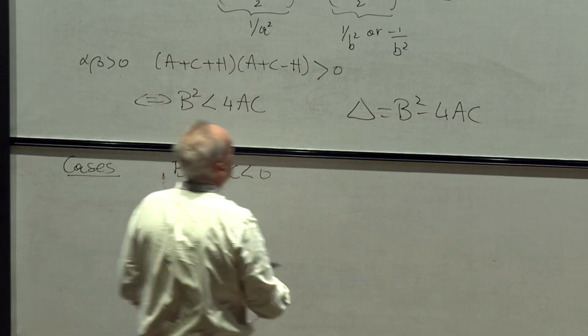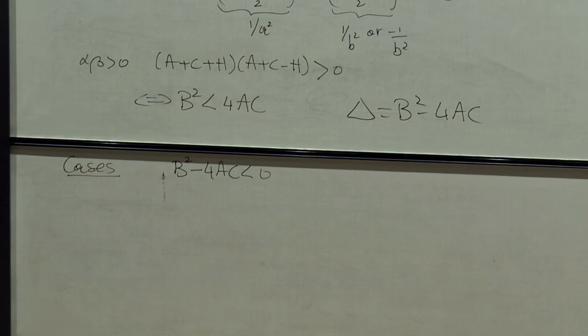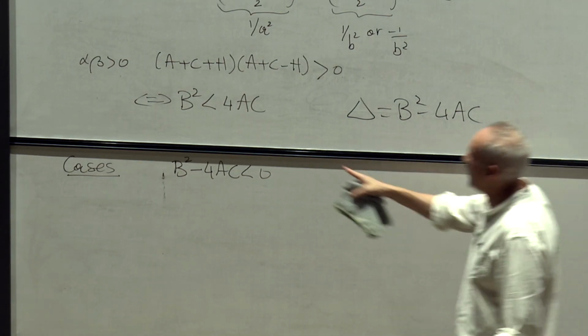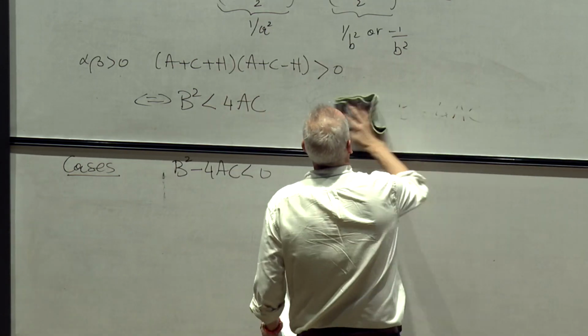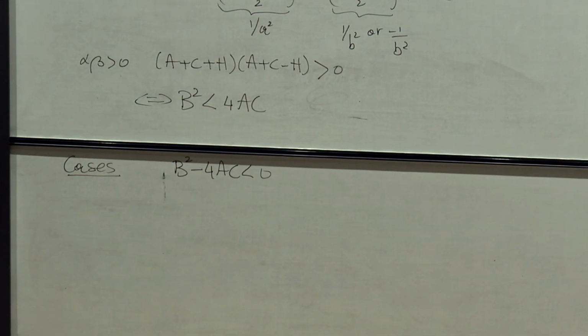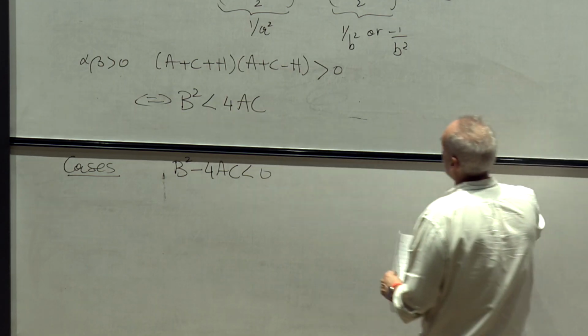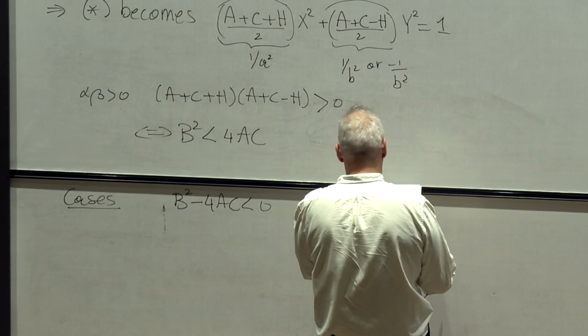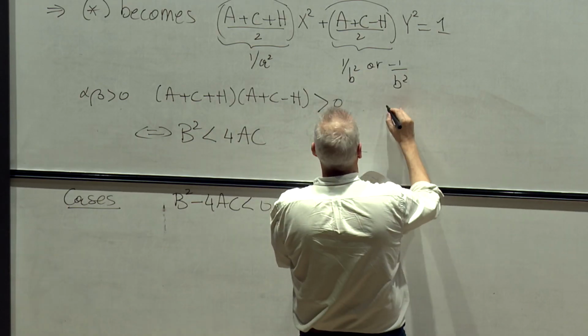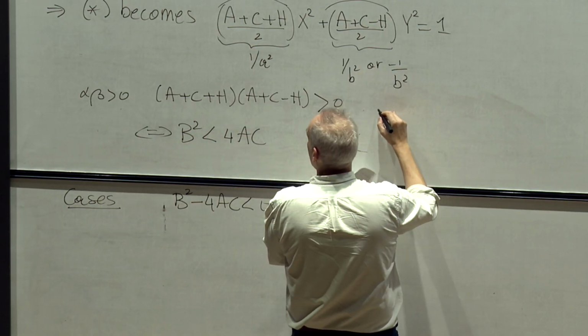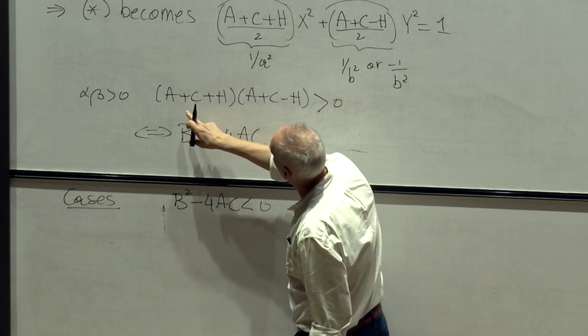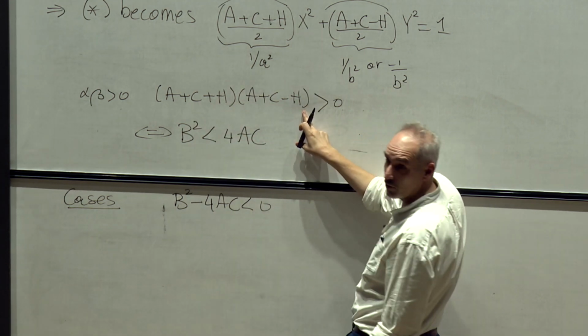Okay, let me do that explicitly because I think I have a sign somewhere missing. I don't know if this sign is correct. So let me do it explicitly. A plus c plus h. So I have this is like a plus b times a minus b.